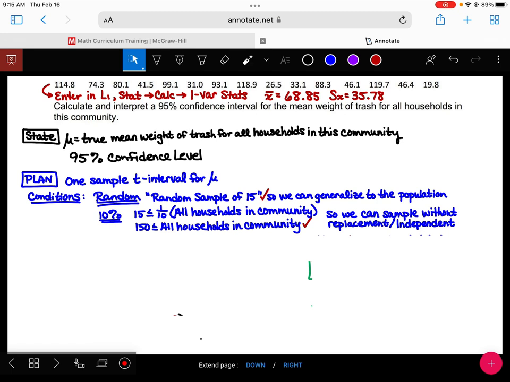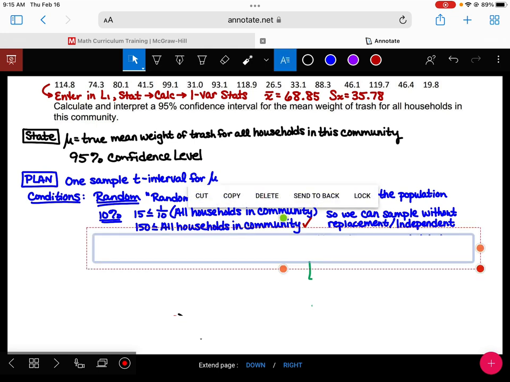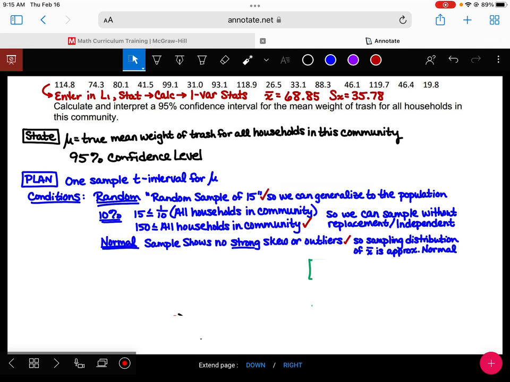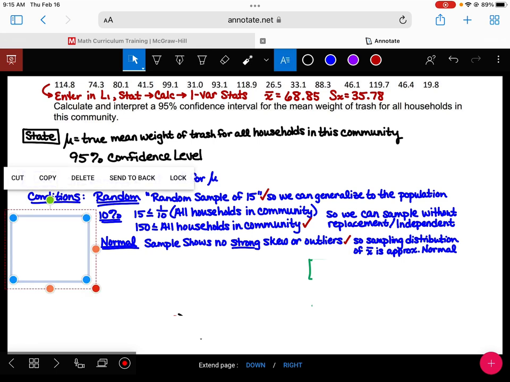Last thing we need to check is what? Normality. Did they tell us that the population was normally distributed? No. Can we use central limit theorem? Then we've got to make a sketch. Do you guys remember how to make it do a sketch?